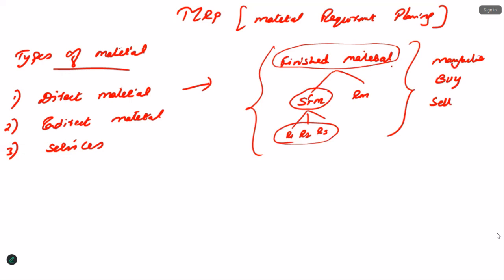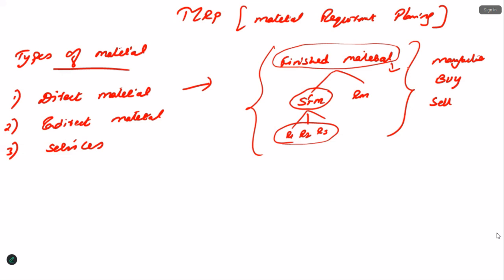And finally, we are selling this finished material. Any material which we are buying, getting processed, and selling, all those materials are called direct material. So what is direct material? Direct material is nothing but all the materials which we are buying, processing, and selling. All of those materials are called direct materials.